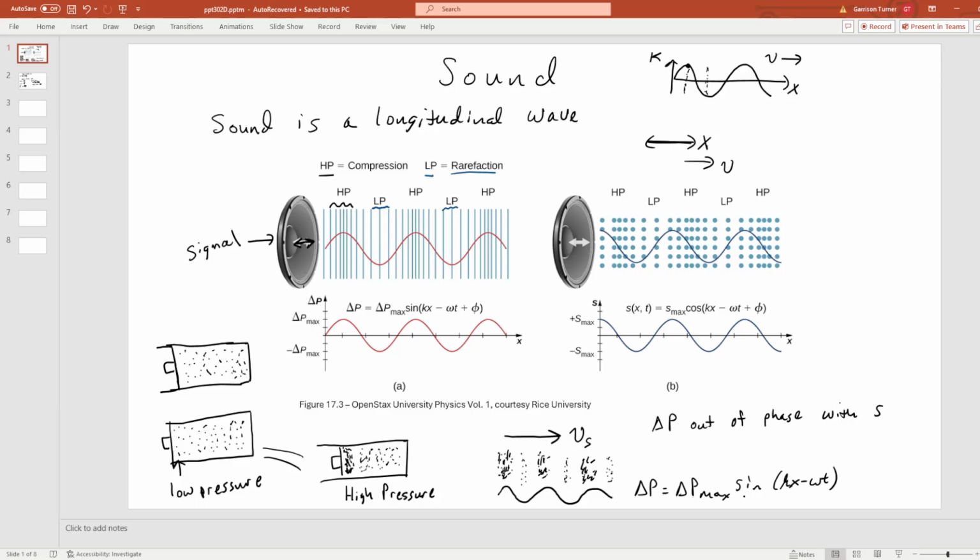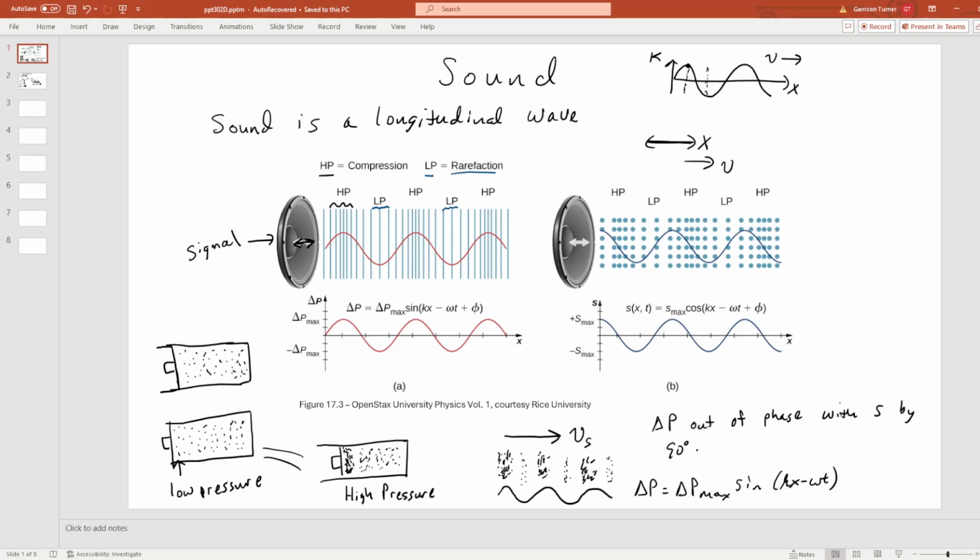And so if P is a sine function, then S is going to be a cosine function, because these will be 90 degrees out of phase. If you actually want to look at the position of individual molecules, then we would use this cosine function. In truth, it doesn't matter which one is which.